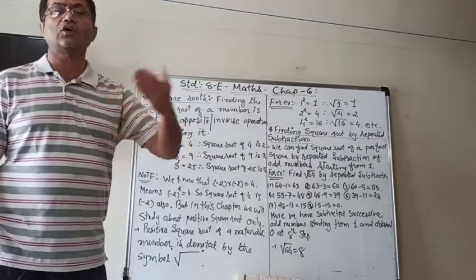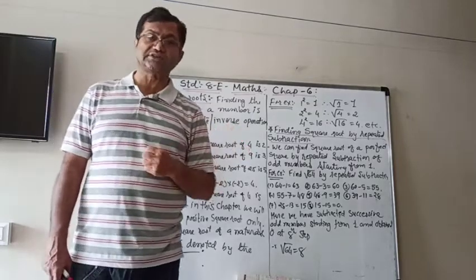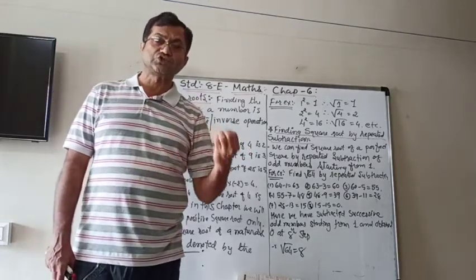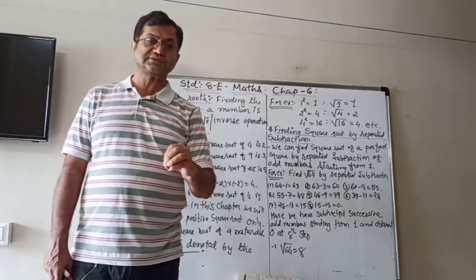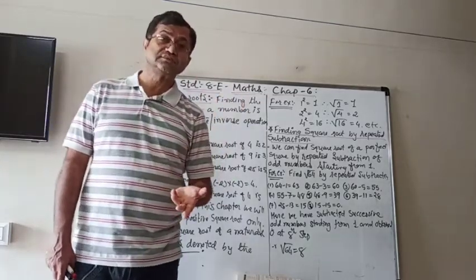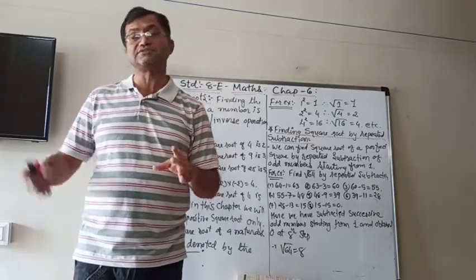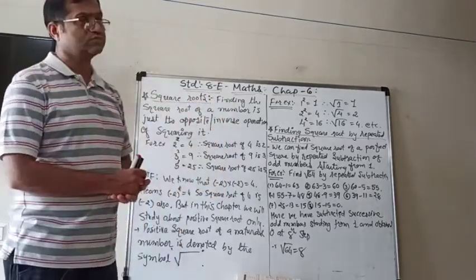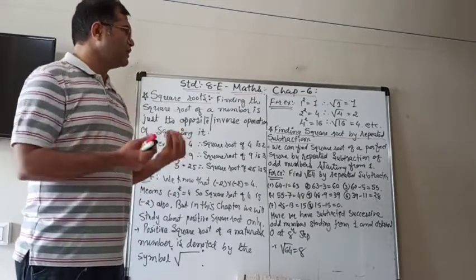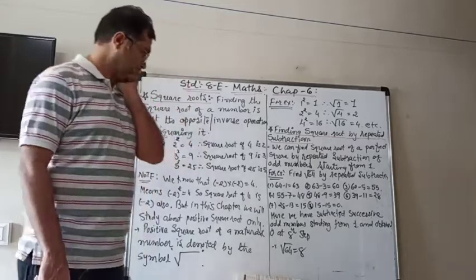Similarly, 6 square is 36, so square root of 36 is 6. 10 square is 100, so square root of 100 is 10. So totally we have to do the inverse operation of squaring.